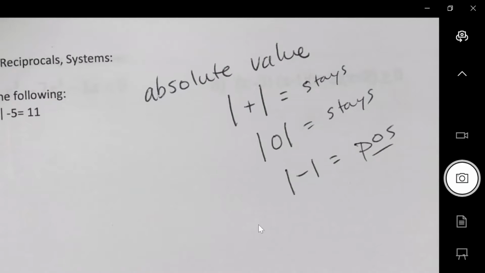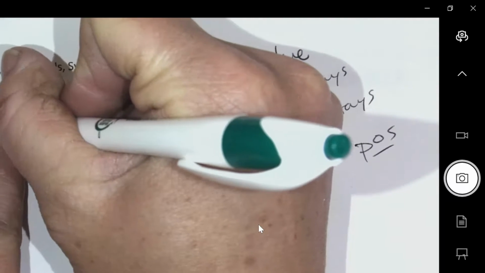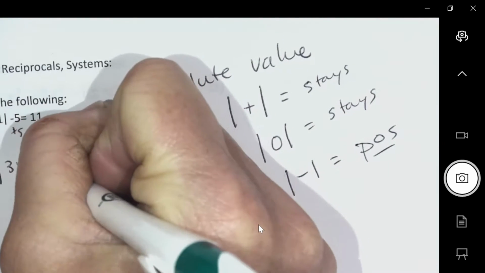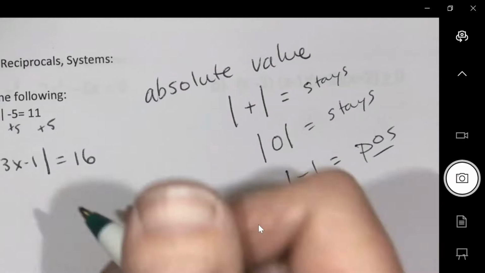Algebra, let's get the absolute alone here. Okay, I'm going to first add 5. Then I'm going to divide by 2.